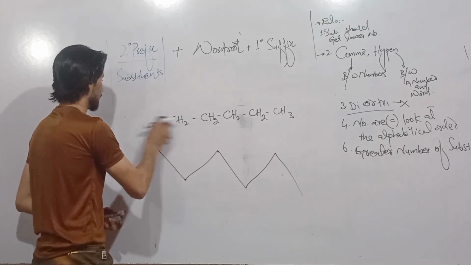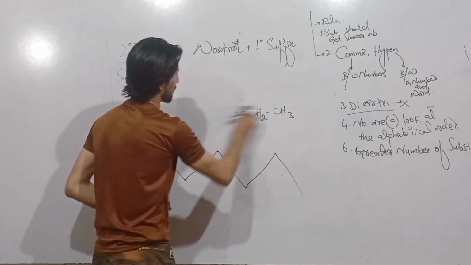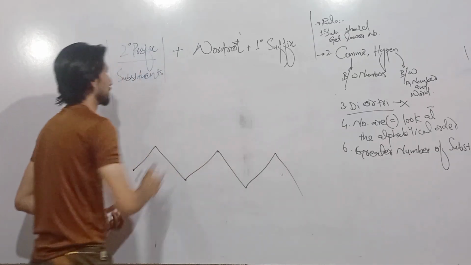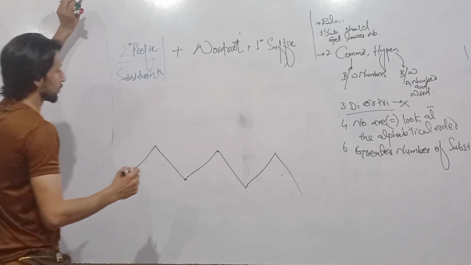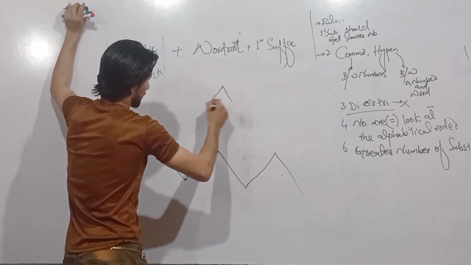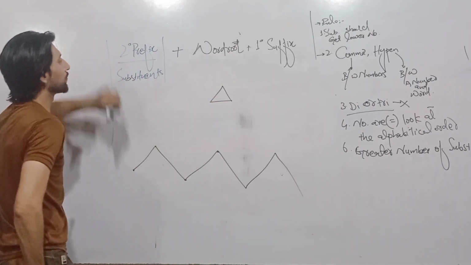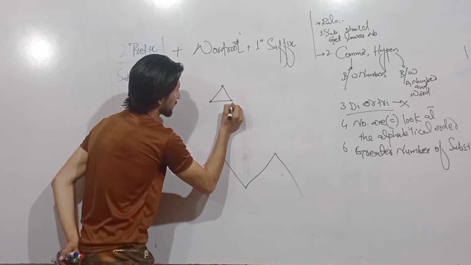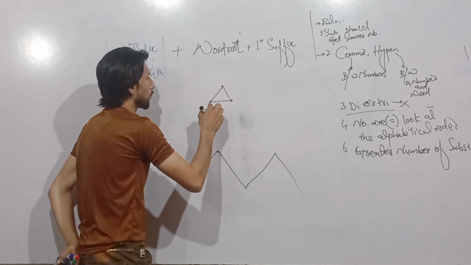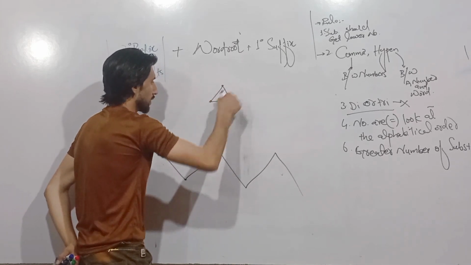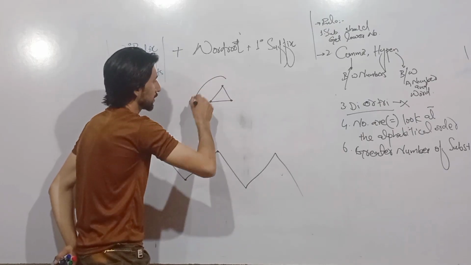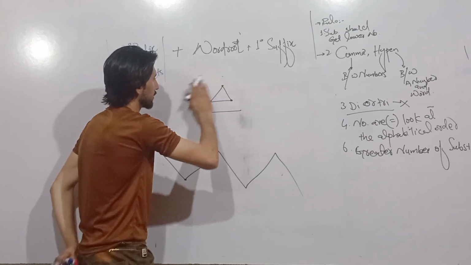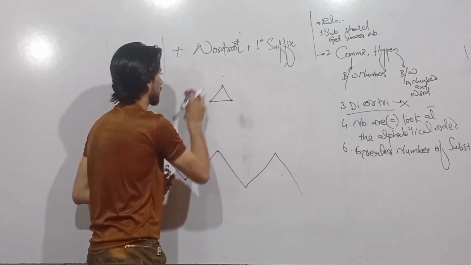We'll get into the cyclic compounds. What is this? This is a compound having 3 carbon atoms present in a ring shape. One carbon attached to another and another to another, giving us a cycle, a cyclic form.